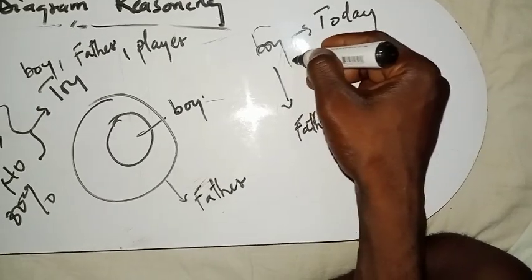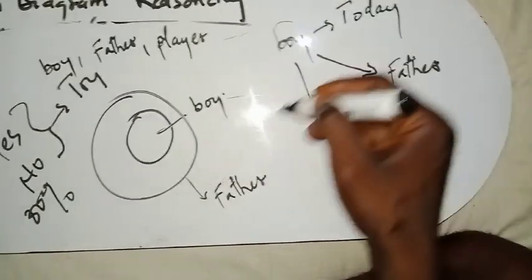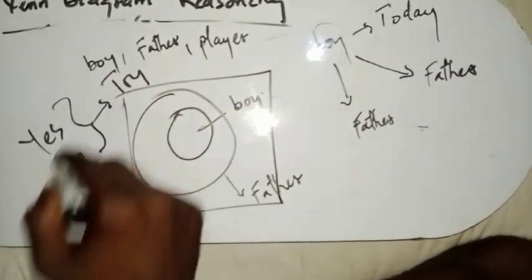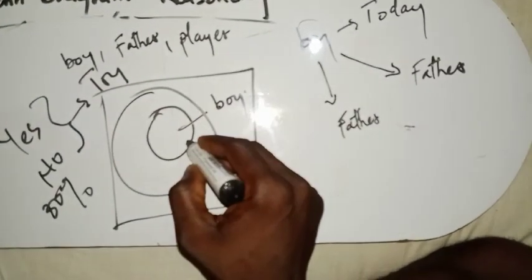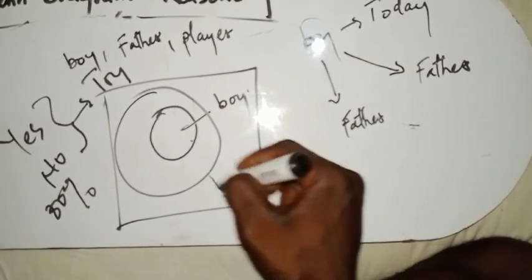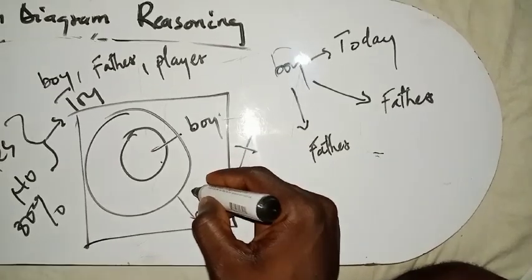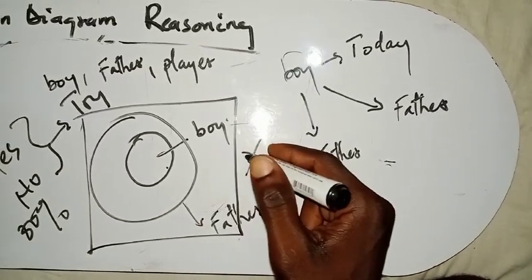So it is not the case that every boy is a father. According to this diagram, the boy is inside the father, which is not the case. So this is not true according to logical reasoning. Does it make sense? Okay.